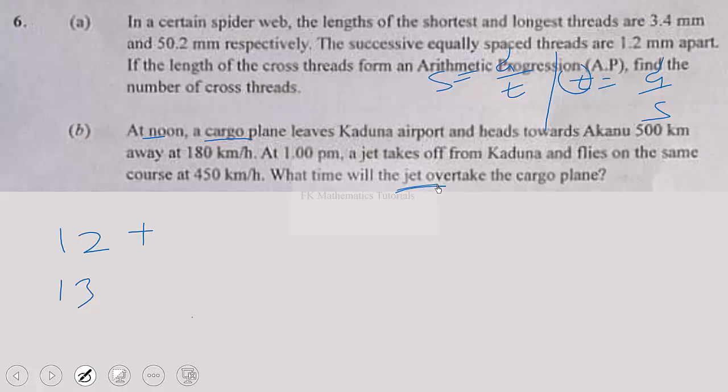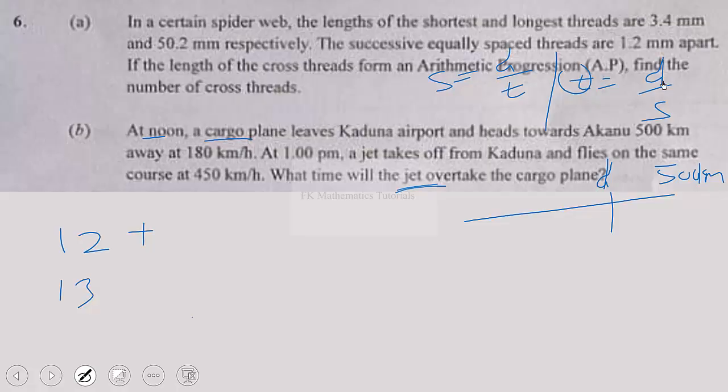So it means that the jet overtook the cargo after they covered a distance d kilometers. Of course, they will not finish the 500 kilometers before the jet will overtake the cargo plane. So the rate of change of the cargo plane is given by that distance.